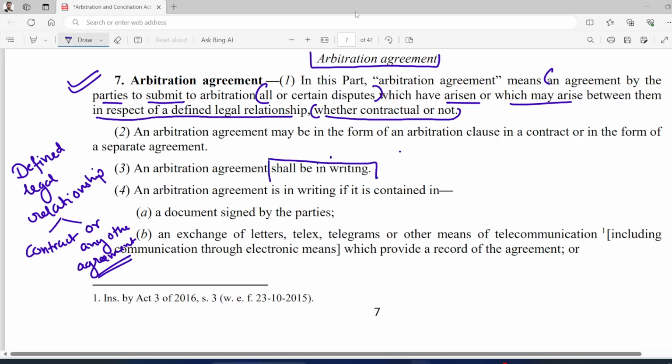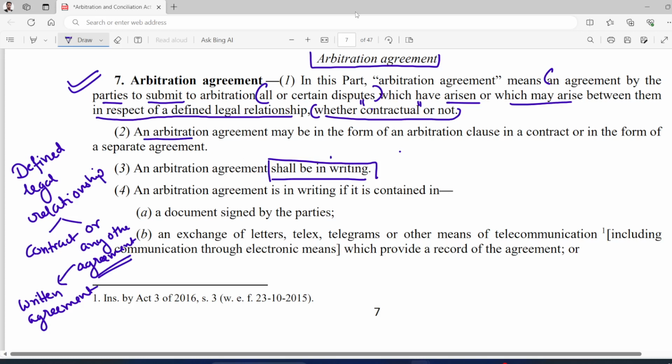Arbitration agreement shall be in writing, which means the scope of this "any other agreement" must also be a written agreement. So any other agreement can be there, whether predefined in a contractual relationship or not, but it must be in written format.